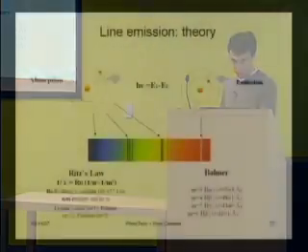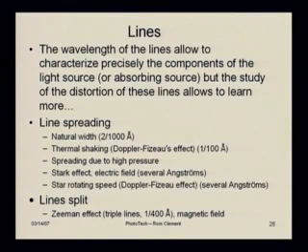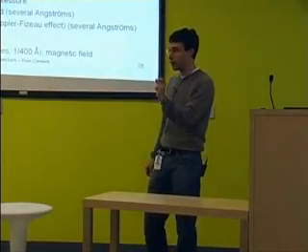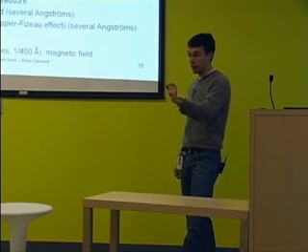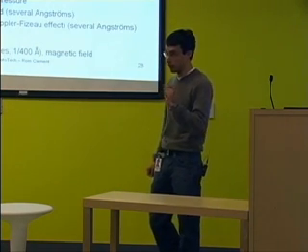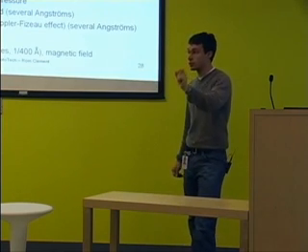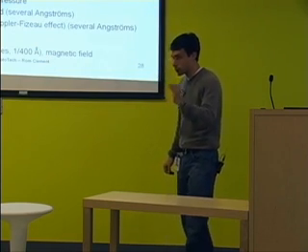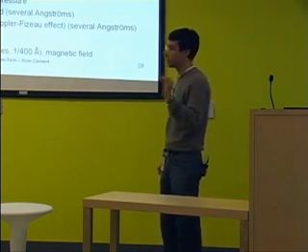So in spectroscopy, we're very interested in the analysis of the lines, because if the line is thin enough, we can determine the wavelength very well, and from the wavelength we can extract the energy of the photons, and from this energy we can extract the type of atoms or molecules from which these photons have been emitted or absorbed.